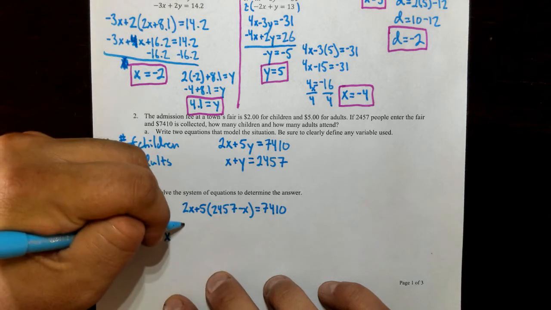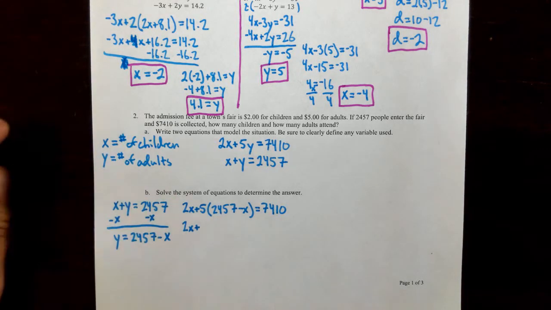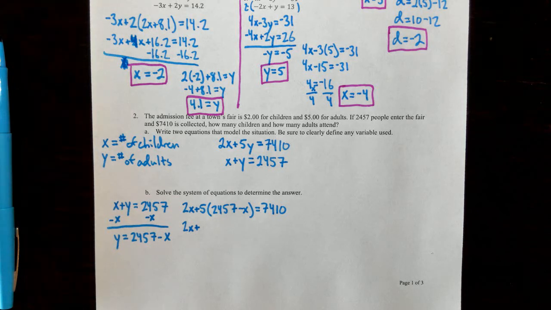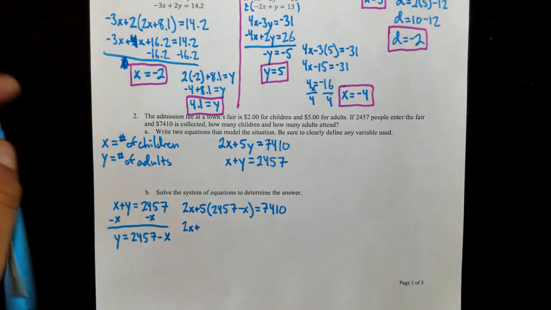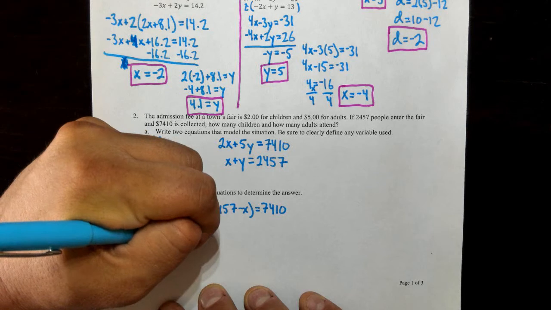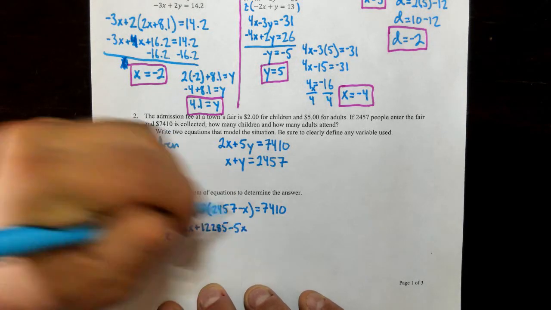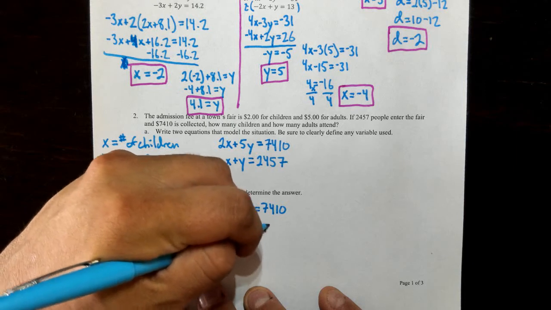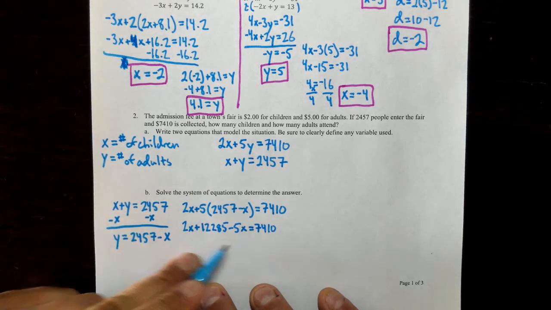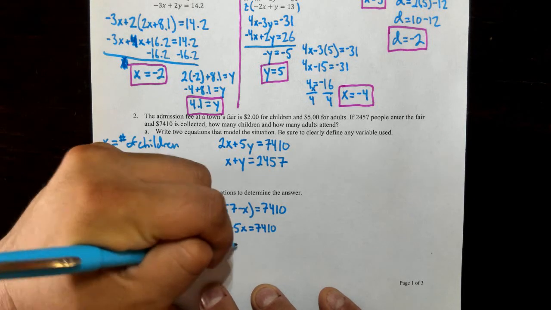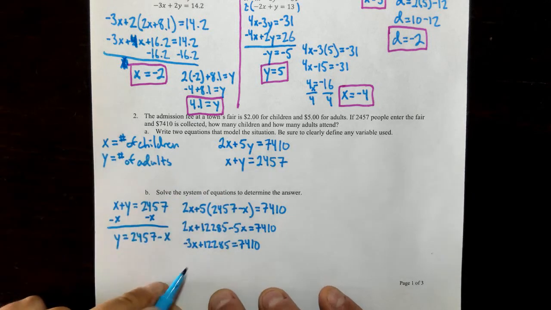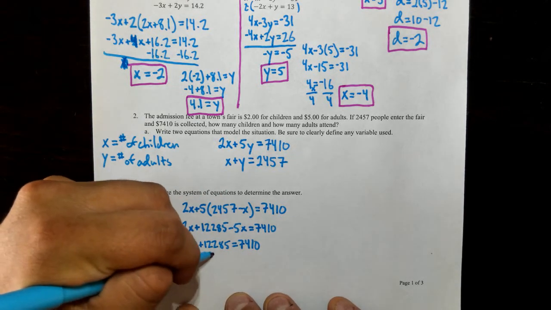So I'm going to distribute this 5. We have 2x plus, let's see, I'm going to get my calculator out. I don't want to chance giving false numbers here. Okay, 5 times 2,457 gives 12,285 minus 5x, equal to 7,410. Then combine our x's, so 2x minus 5x is negative 3x. And then I'm going to subtract that 12,285 over.